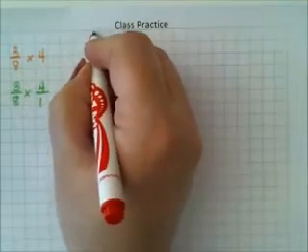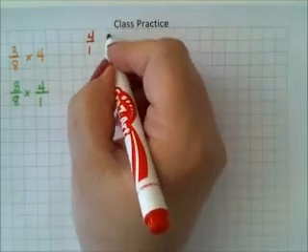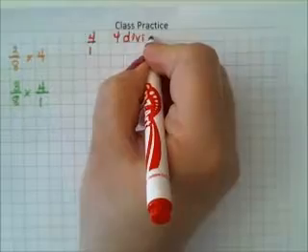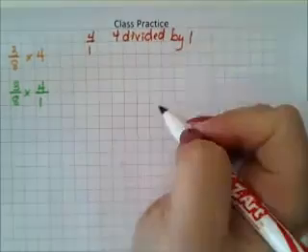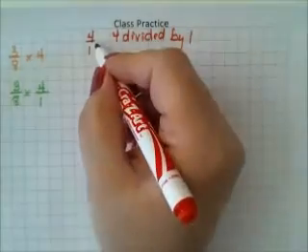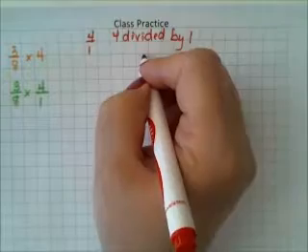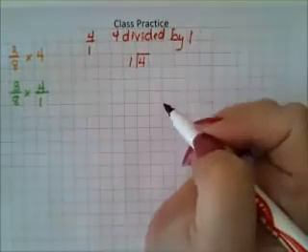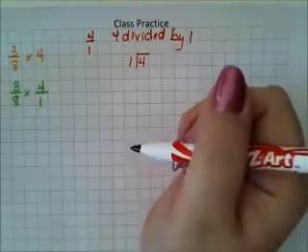So 4 over 1 can also be read as 4 divided by 1, right? So this is the same thing as 4 divided by 1, right? Okay, so that's why this works, okay?